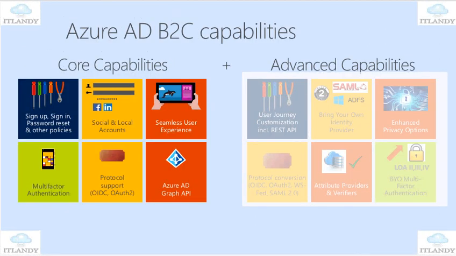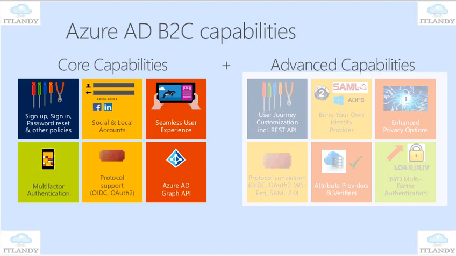Now, Azure B2C capabilities. We're going to cover the core capabilities and advanced capabilities, basic and advanced. So what we have: sign in, sign up, password reset, and any other policies.